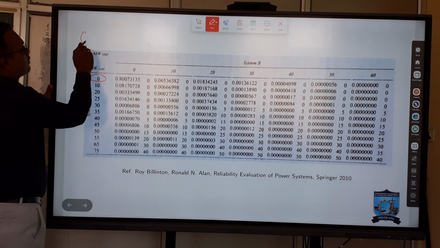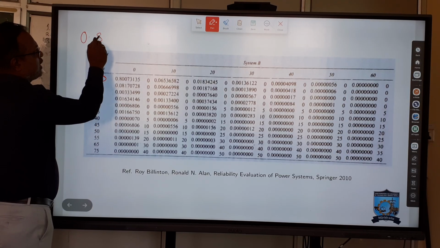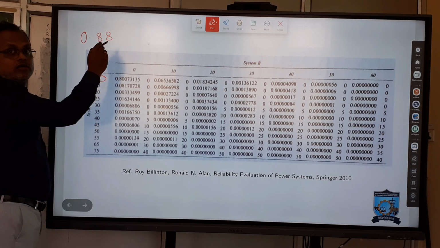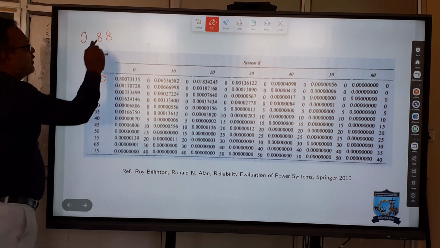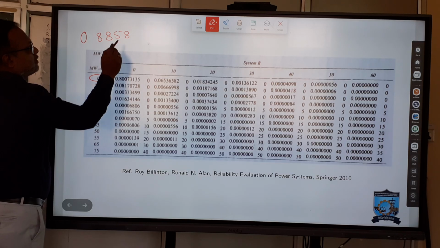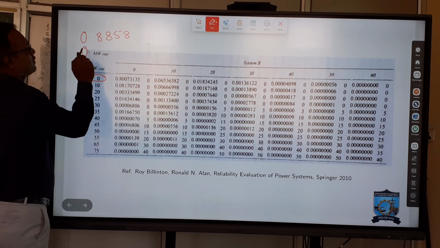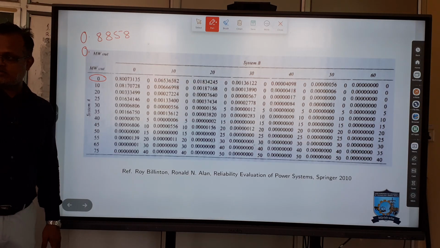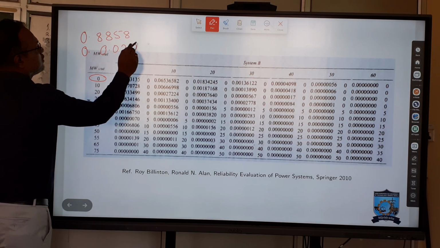Zero outage probability. You have calculated the first one, for system A it is 0.8858 or something. And for system B, it is 0.0207.